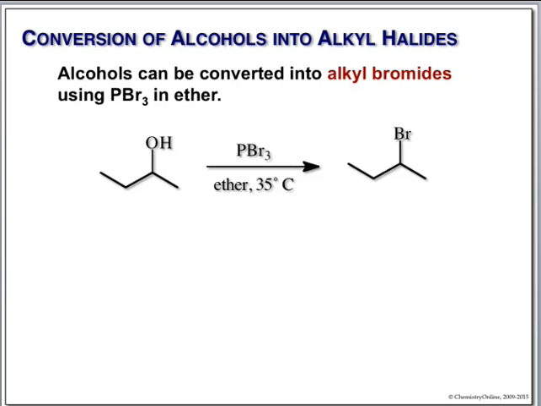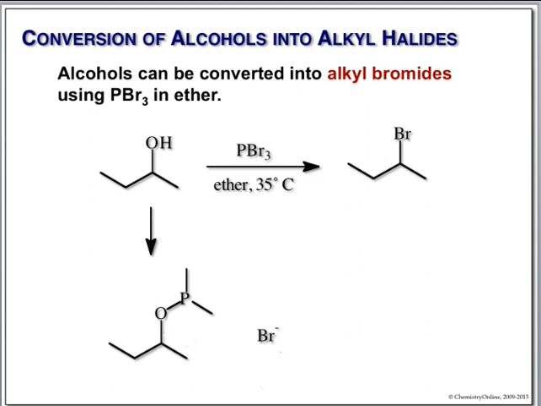A nicer way is to use PBr3, phosphorus tribromide. Phosphorus tribromide reacts nicely with alcohols to convert them into the alkyl bromide. The mechanism of this reaction involves, first, the alcohol as a nucleophile attacking the PBr3 to form a phosphate ester.